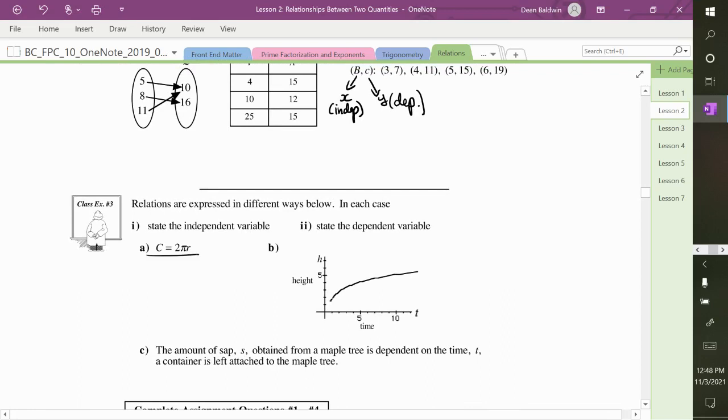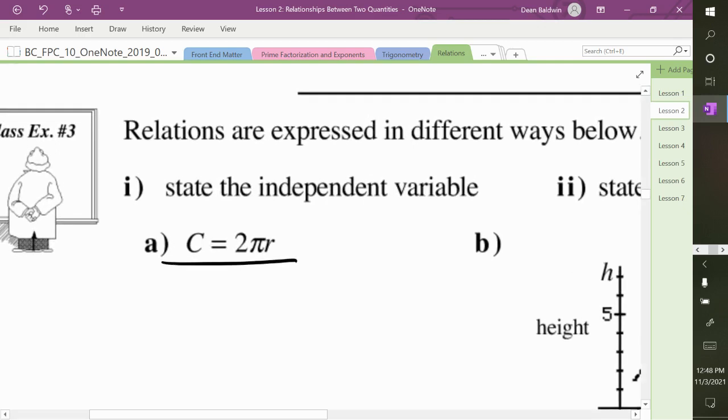Anybody know what that formula means? C is equal to 2 pi r. What does that mean? R is radius, that is correct. And C is circumference. So it means 2 times pi times r.